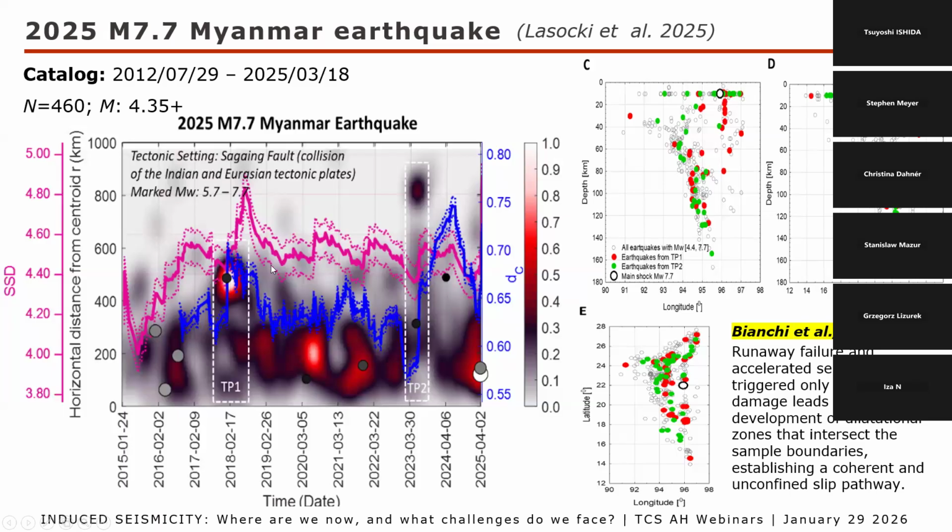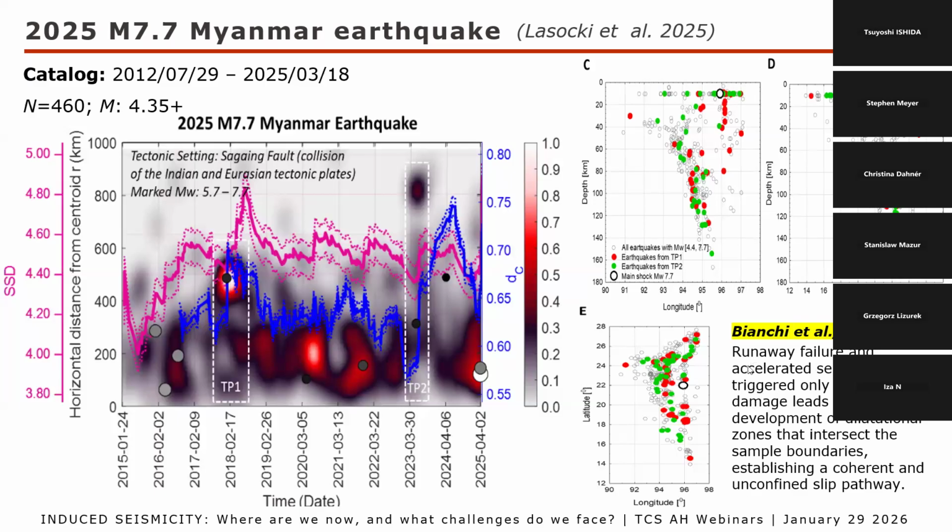And I think that our migration of seismic density to far fields, here up to 800 kilometers, reflects a large-scale version of the results which were presented by Bianchi et al.